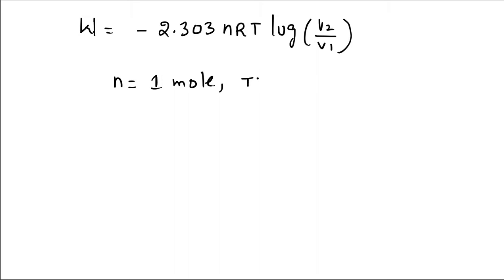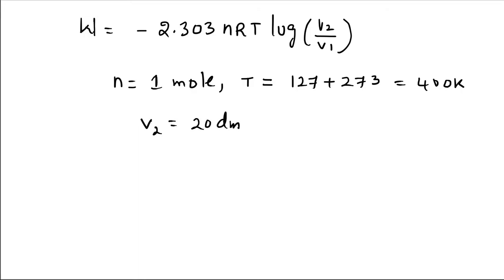and the temperature is 127 centigrade. That will be in Kelvin is 400 Kelvin, and V2 is 20 decimeter cube, which is basically 20 liters. V1 is 10 decimeter cube, which is 10 liters. Now let's substitute.